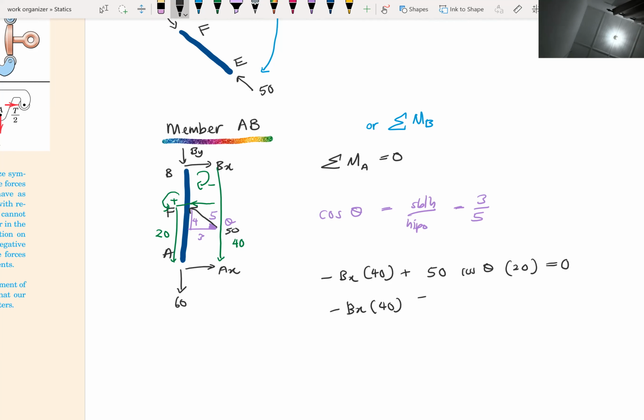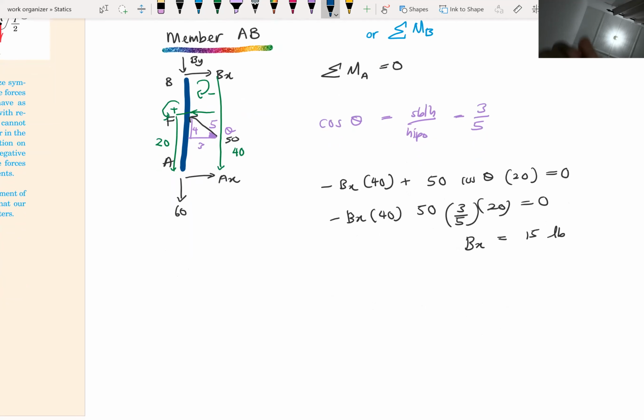Cos theta equal to 3/5, 20 equal to 0. So we get Bx equal to 15 lb. And now we know the Bx, which is 15.